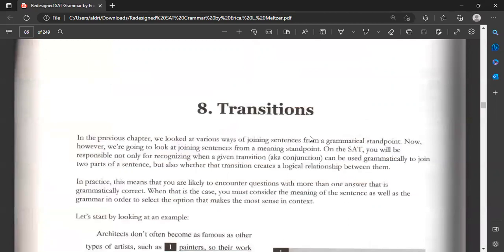And if you attended the last lesson, you probably remember we had an example where one answer choice had a period, one had a semicolon, and these essentially work the same way. And the other one had a fanboy conjunction, I think it was a comma plus an and.